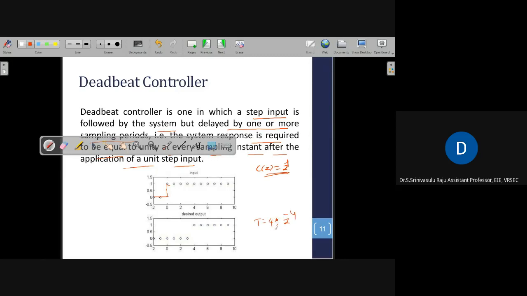So it took time z to the power minus 4 to reach the set point, and then remains constant as provided in the input. So it follows the input. This t equal to 4 is just an example.